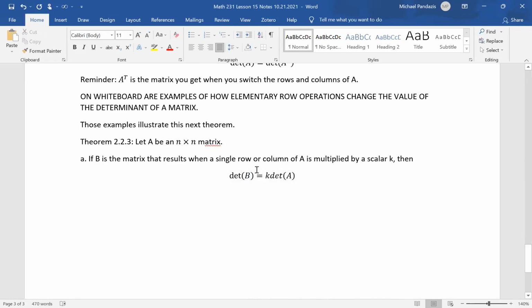Only multiplying a row by a non-zero constant is an elementary row operation. And so the row version might be more useful, but there are some times where the column version is also useful. Okay, so part B: rows and columns don't matter for this theorem.